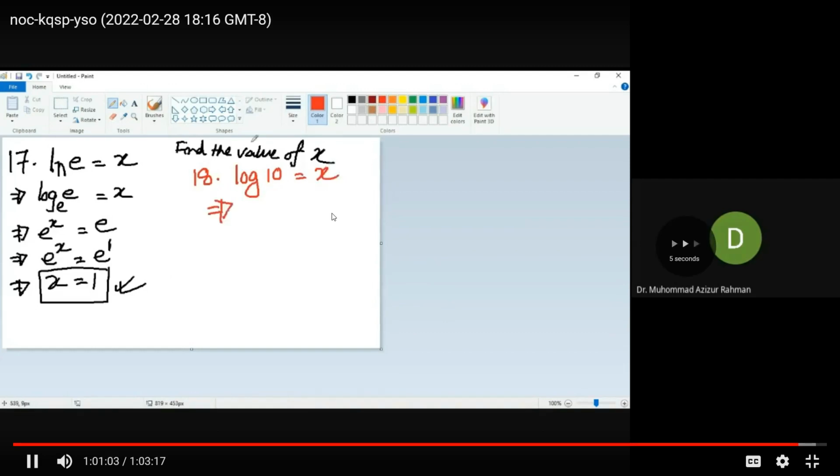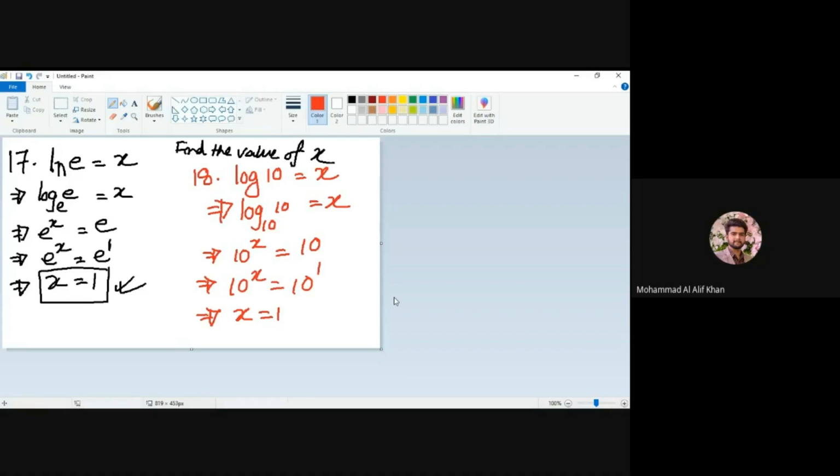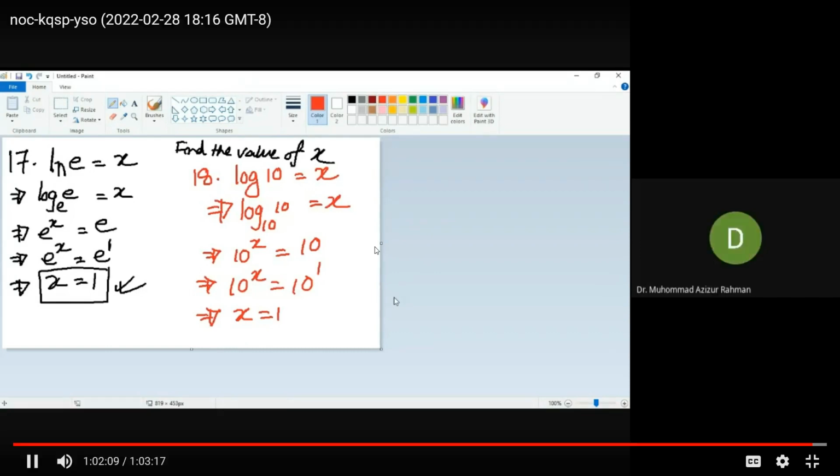So I will ask you to do these problems given in the exercises, 1 to 16, some of which we have already done, and 17 to 24.